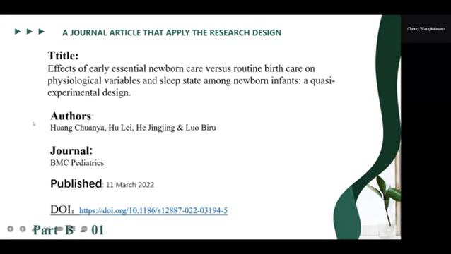The authors are Huang Chuanya, Hu Lei, He Jingjing, and Luo Biru. The journal is from BMC Pediatrics, and the article was published on 11 March 2022. And the DOI number is that.